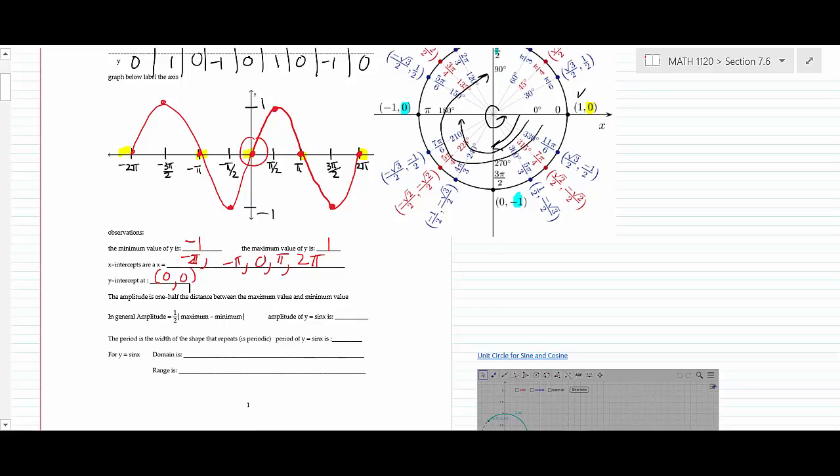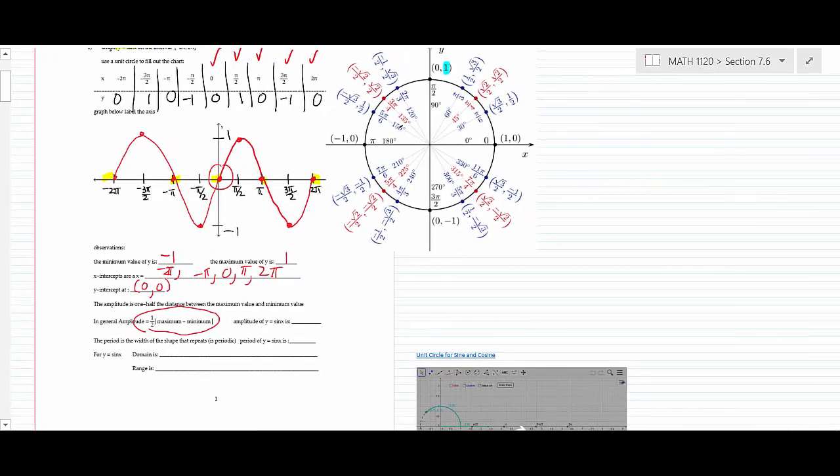Okay, now let me talk about what the amplitude is and kind of introduce you to that concept. What an amplitude is, it's half the distance between the max and the minimum, okay? So here's how you would basically figure this out. Okay, the maximum is, what you do is you do 1/2, the maximum is 1, the minimum is negative 1, so you just crunch that out.